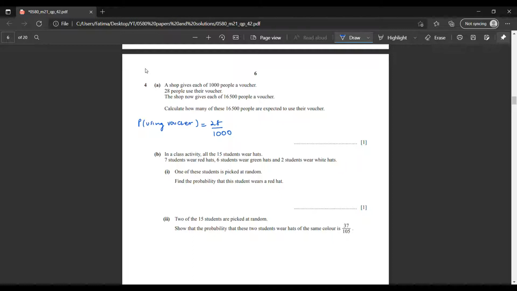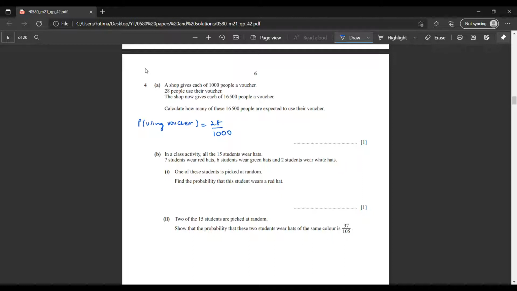But anyway, now that we know what the probability is, we would have to find out how many of the 16,500 people, to whom this probability applies, would actually use this voucher. So you would have to multiply the probability with the total number of people.